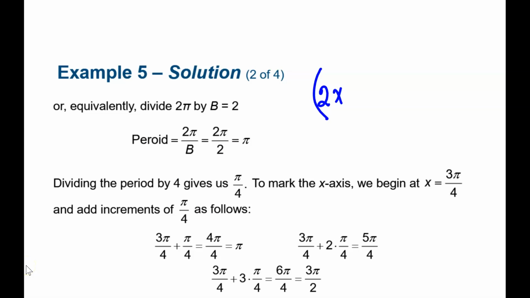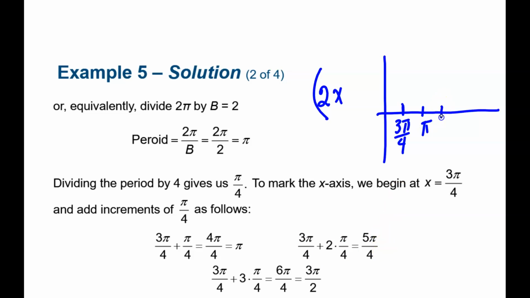To mark the x-axis, we begin at x equals 3 pi over 4, and we will add pi over 4. 3 pi over 4 plus pi over 4, the next will be pi. 3 pi over 4 plus 2 pi over 4, we do some math here, is 5 pi over 4.